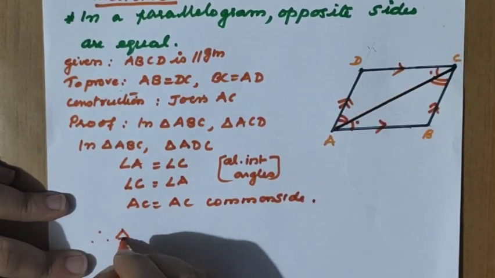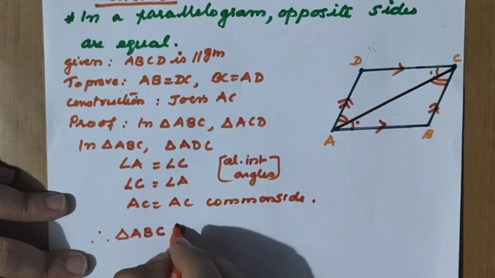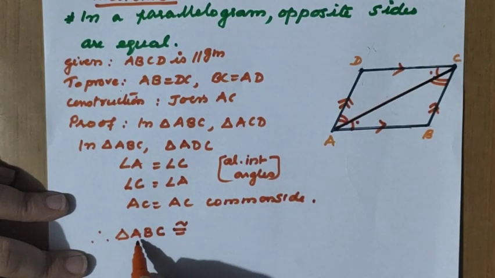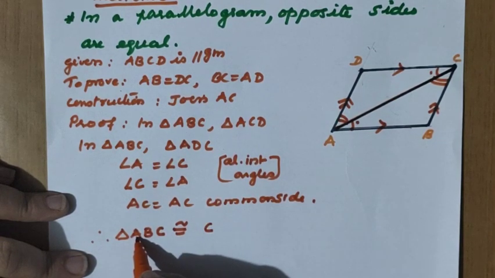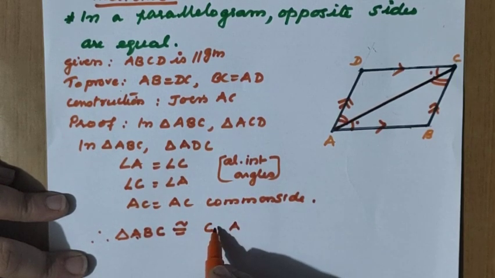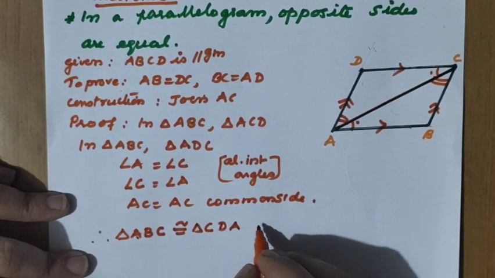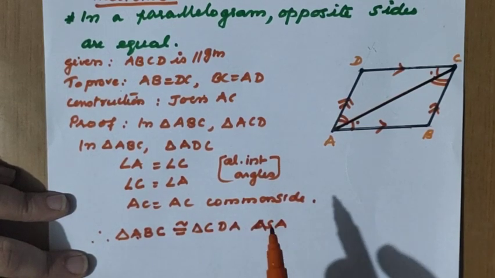Therefore, triangle ABC. I'll give you a hint: when writing ABC, in place of A you can write C, and in place of C you can write A, so directly we can write the first. CDA is the triangle, both are congruent by criteria ASA. Now what do we have to prove here? Opposite sides are equal.